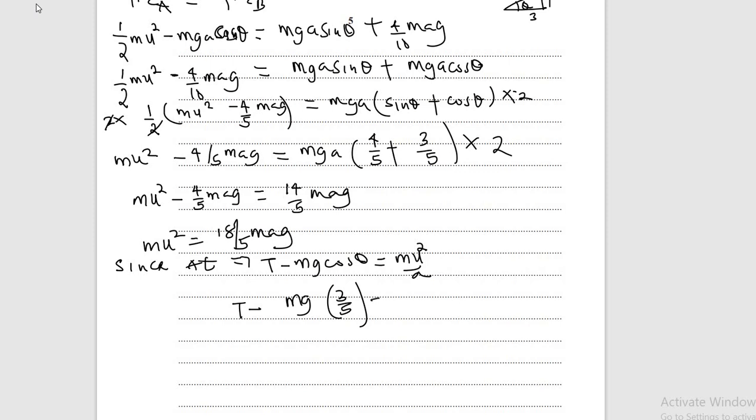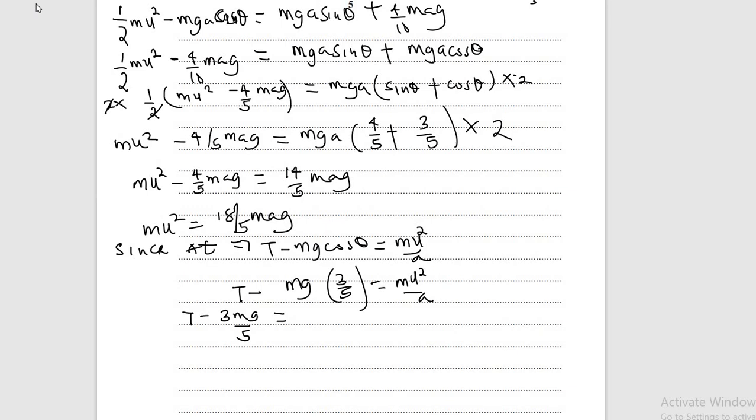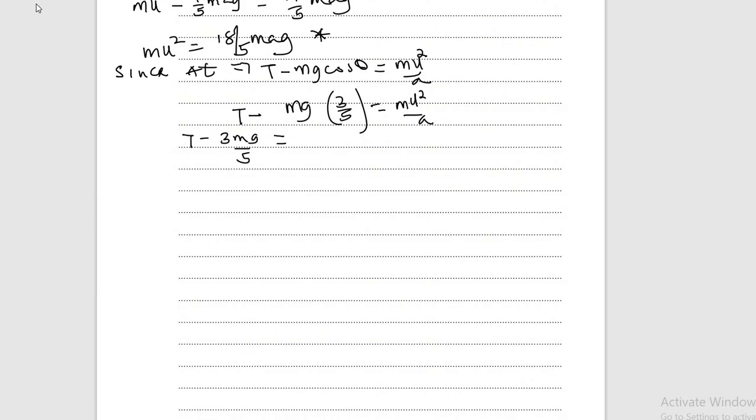So we're going to have 3 mg over 5 equal to mu squared over A. And what's mu squared? Mu squared is 18 over 5 mag, that's mu squared all over A.